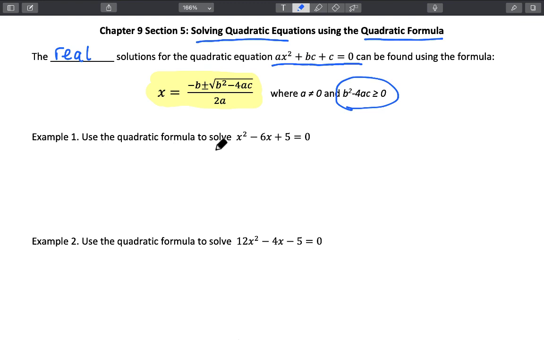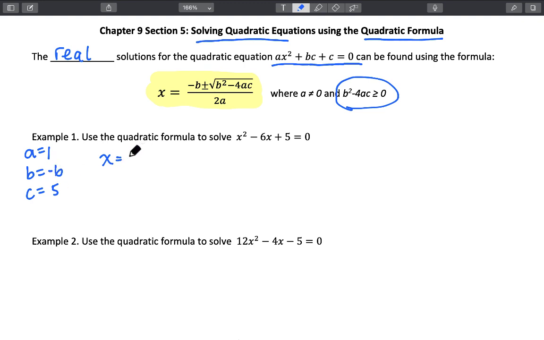Use the quadratic formula to solve x squared minus 6x plus 5 is equal to 0. So notice that your quadratic is already set equal to 0. Let's list out our a value, our b value, and our c value. All right, next we're going to follow that formula that says x is equal to the opposite of b.